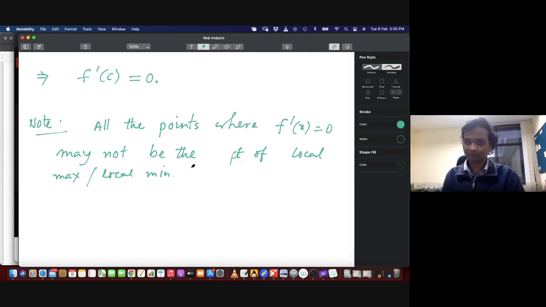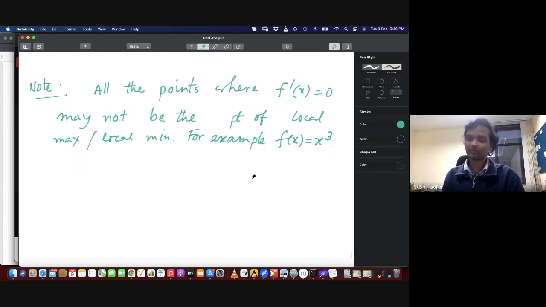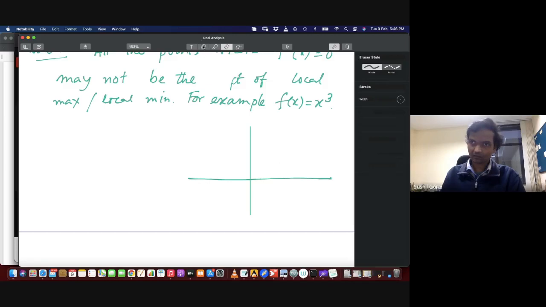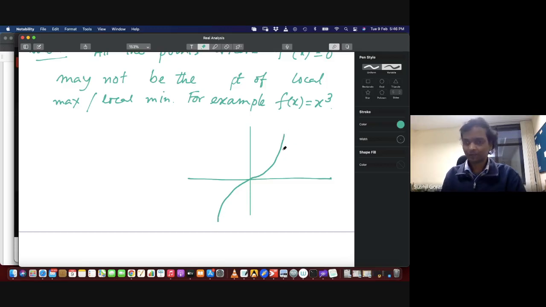So for example, if f(x) equals x cube, it's something like this.